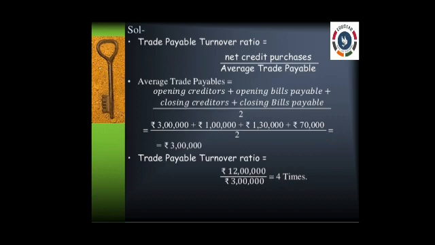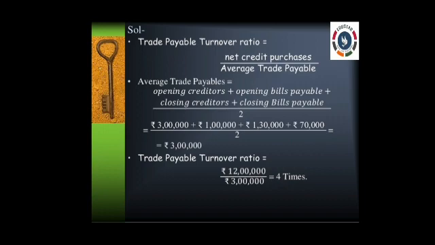365 days, we have to apply that formula also: 365 divided by trade payable turnover ratio. So we have to find the average payment period also. If the ratio is high, then it reflects that the company has taken a long period to pay the amount.